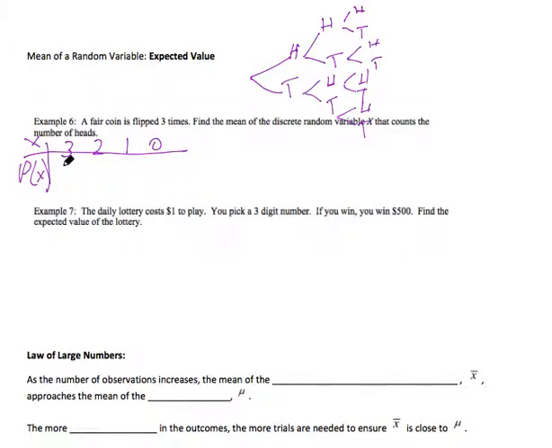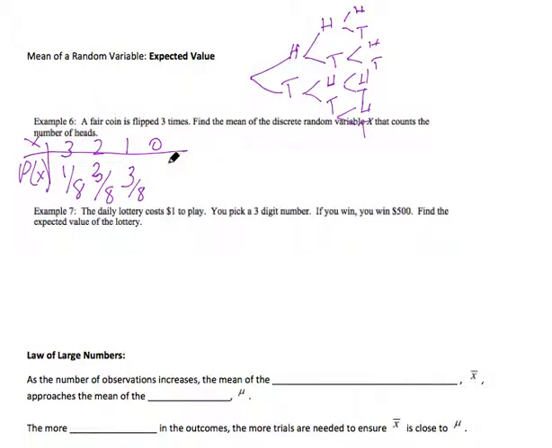The probability that I get 3 heads is 1 out of 8. You just count up the H's. There's only one way that I can get 3 heads. The probability of getting 2 is 3 out of 8. Okay, this is all the number of heads because that's what the problem is asking for. I get 1, it's 3 out of 8.